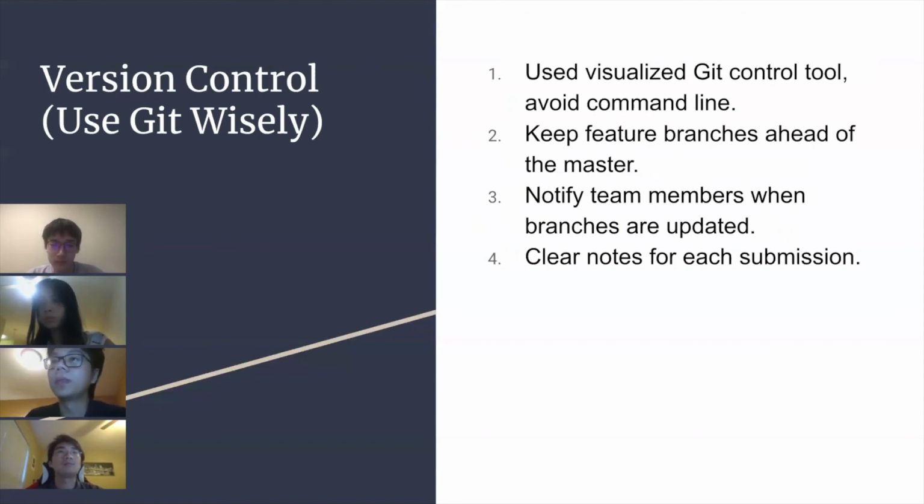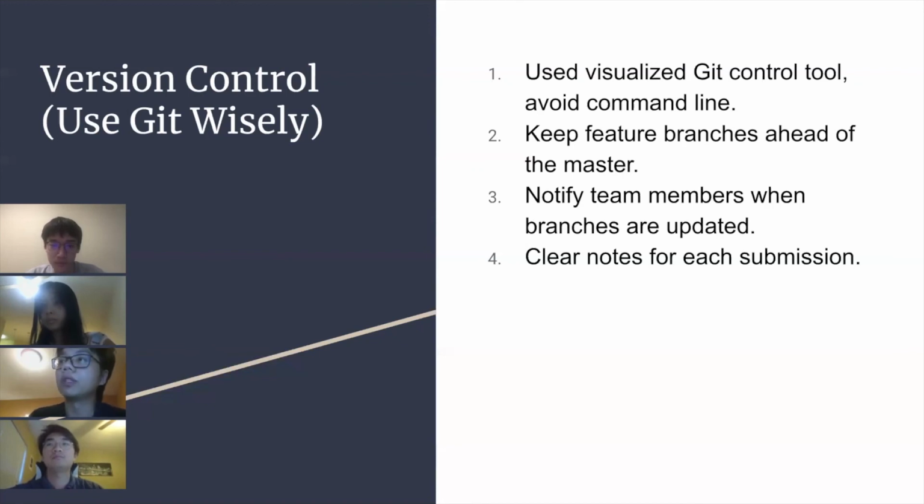And also a team needs to keep the feature branches ahead of the master, which was something that we did very well. Because the code reviewer won't know how to resolve the conflict if they need to merge your code into the master. So if you keep your feature branches ahead of the master, they don't need to resolve any conflict.